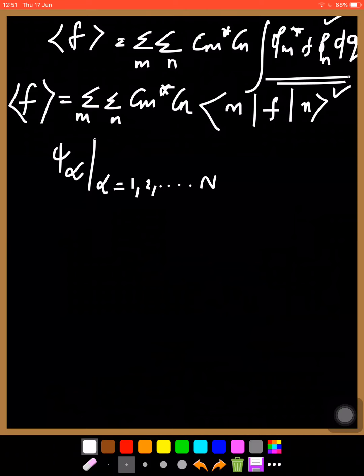And each state has a definite probability. If P1 is the probability for the state psi 1, then P2 is the probability for the state psi 2. Like that, let P alpha be the probability of psi alpha. Each state has a different probability of the system existing in it, which we can generally represent by P alpha.